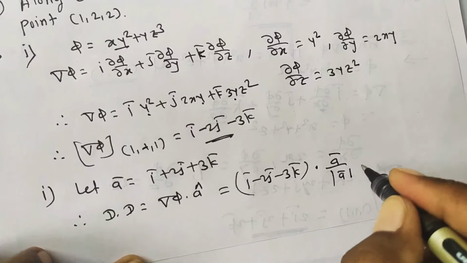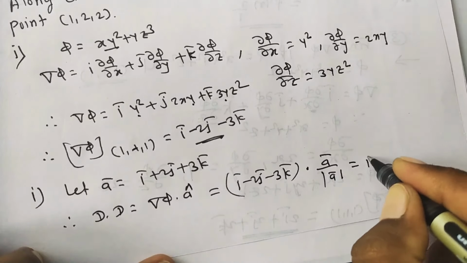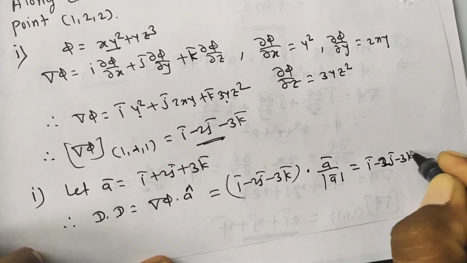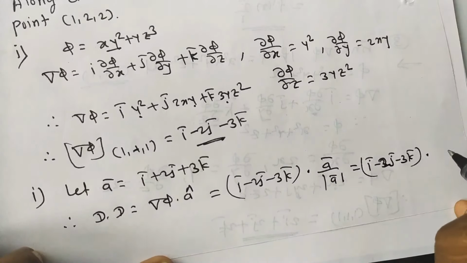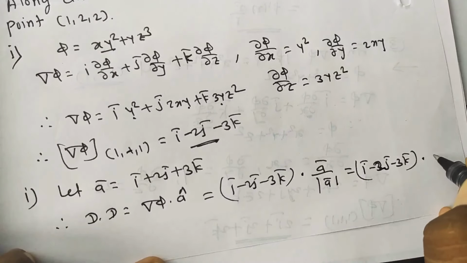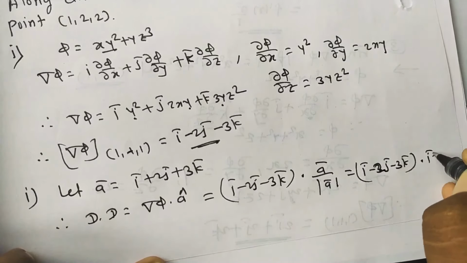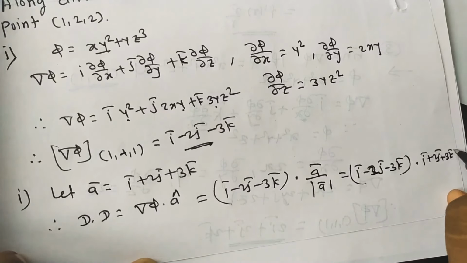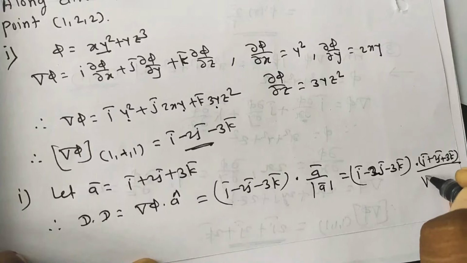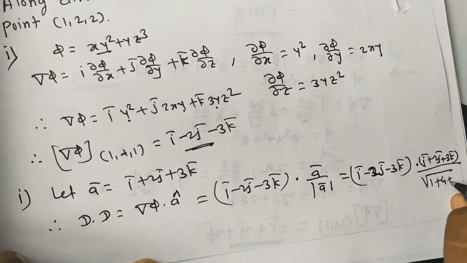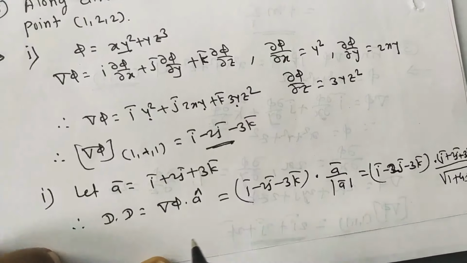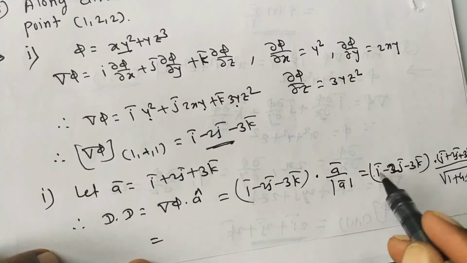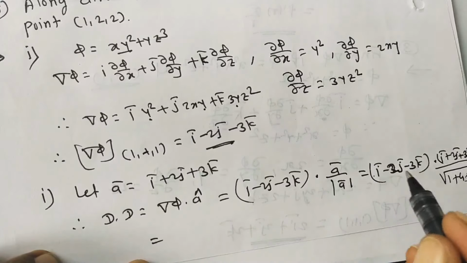Okay, so it can be written as i bar minus 2j bar minus 3k bar dot a bar, where a bar is i bar plus 2j bar plus 3k bar upon its magnitude, that is under root of 1 plus 4 plus 9. So after simplification, what is this? Dot product: 1 into 1, the coefficients of i bar, j bar, k bar, only take the multiplication of those.